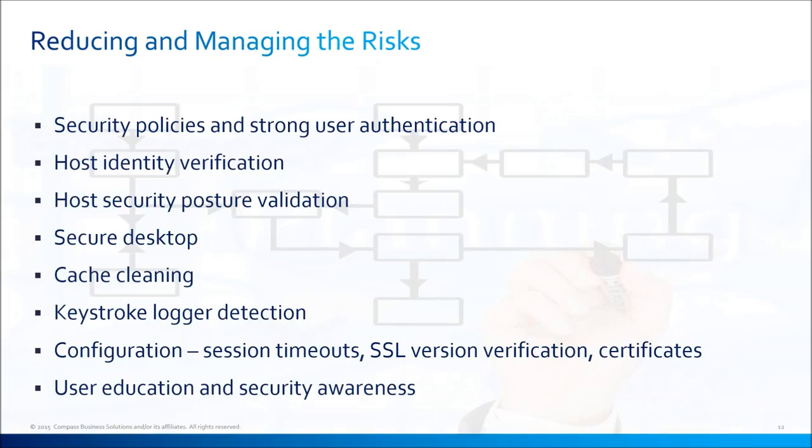Another one is host security posture validation. Once a remote computer is allowed to access the VPN, it becomes an extension of your organization's network. Protecting this endpoint device is vital to protect both the data residing on the host and the connection to your internal network.